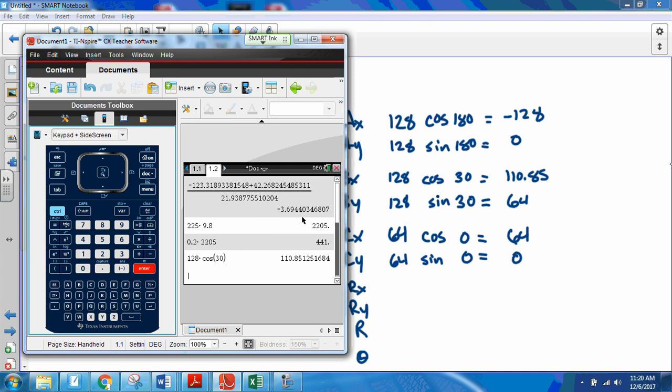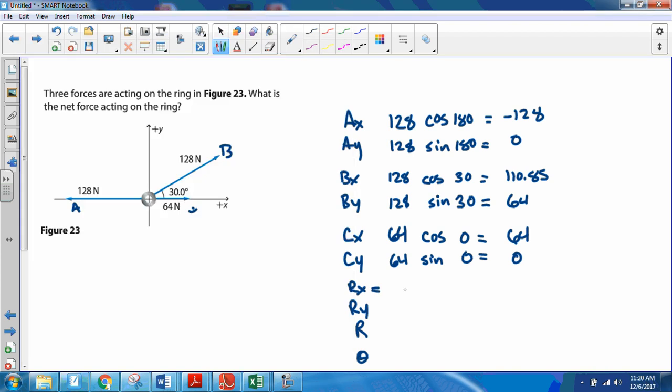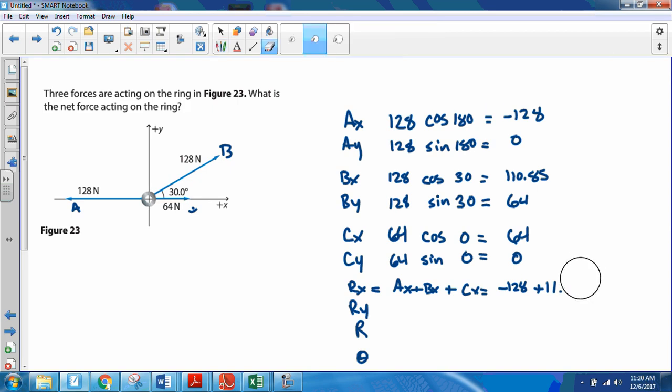Okay, so how do I get Rx? Rx is the easy one. It's AX plus BX plus CX. So that would be AX is negative 128, plus BX, 110.85, and then plus 64.